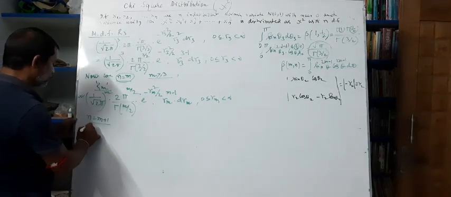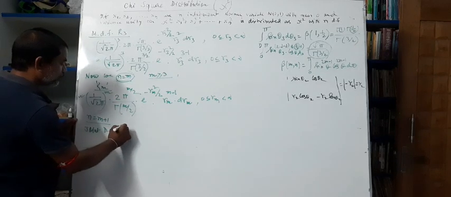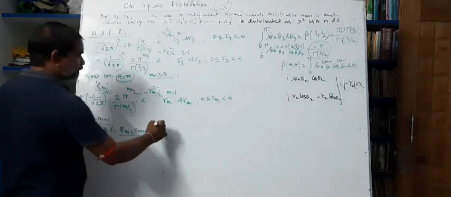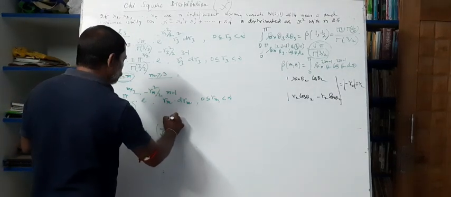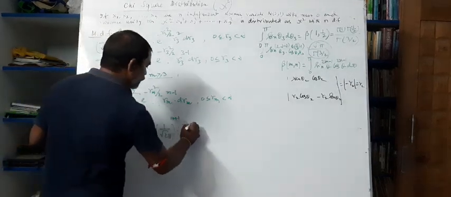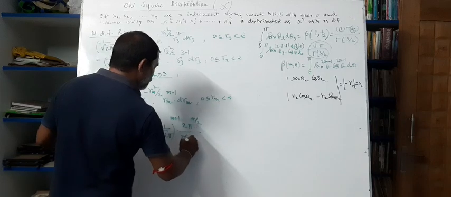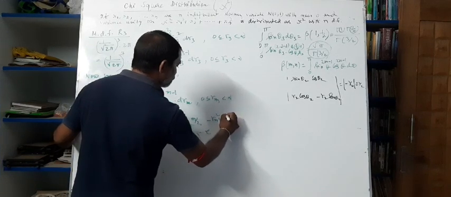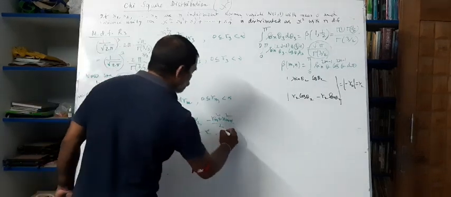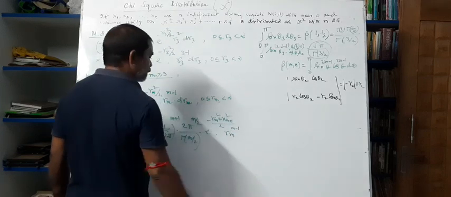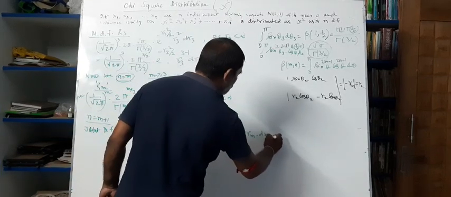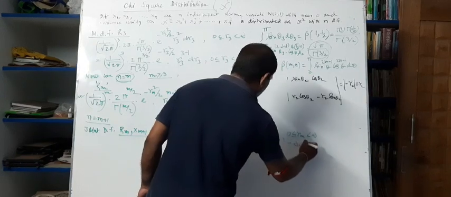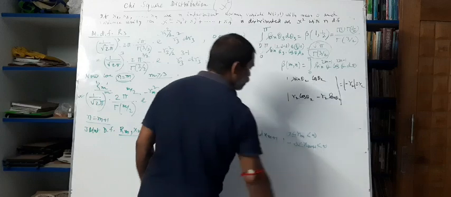So the joint distribution function of Rm and xm plus 1 can be written as 1 by root over 2 pi whole to the power m plus 1, 2 into pi to the power m by 2 divided by gamma of m by 2 into e to the power minus Rm square and xm plus 1 square divided by 2 into Rm to the power m minus 1 into d of Rm into d of xm plus 1, where 0 less or equal to Rm less than infinity and xm plus 1 varies from minus infinity to infinity.